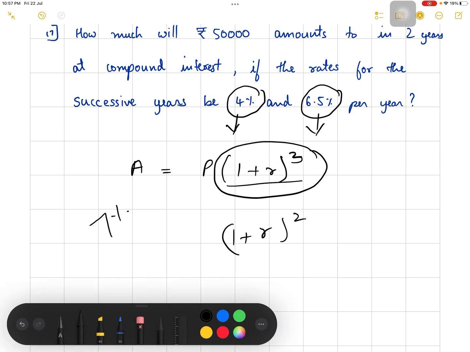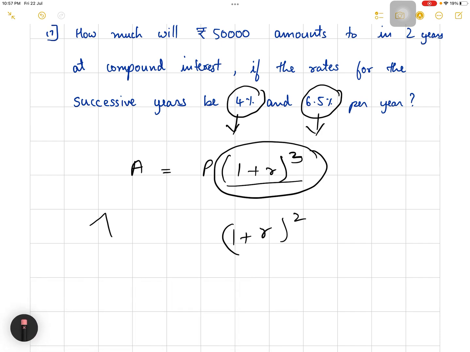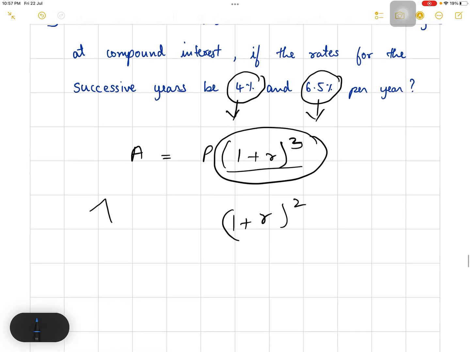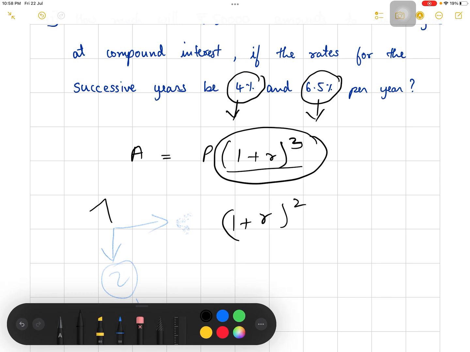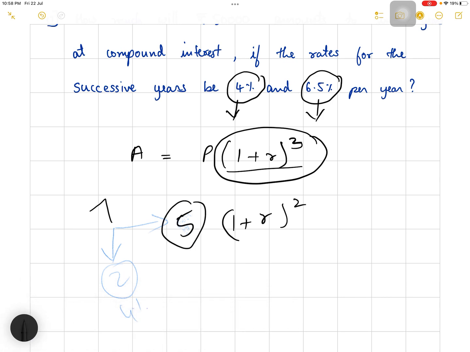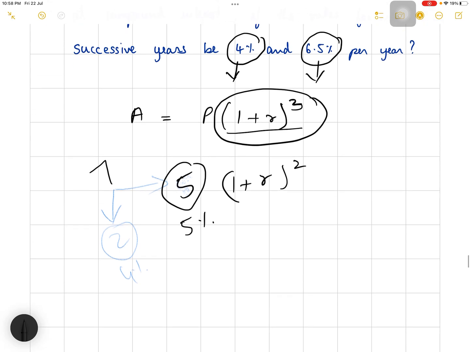I'm calculating compound interest for 7 years. Out of 7 years, for 2 years my rate of interest is 4%, and for 5 years my rate of interest is suppose 5%.